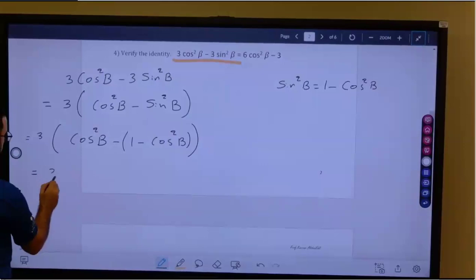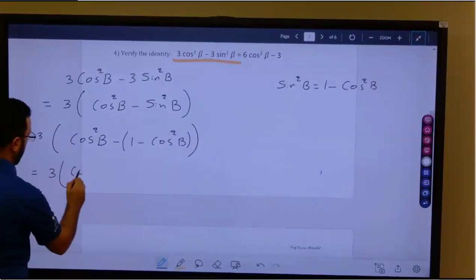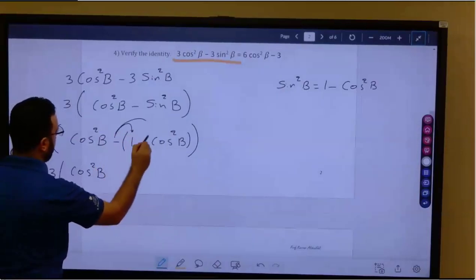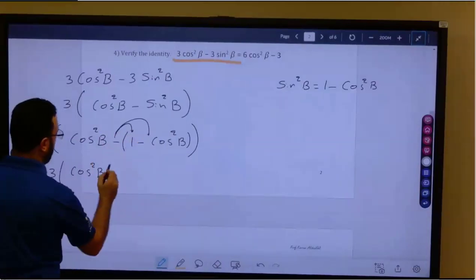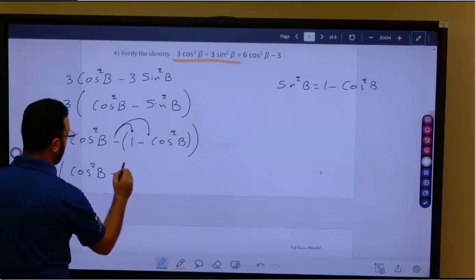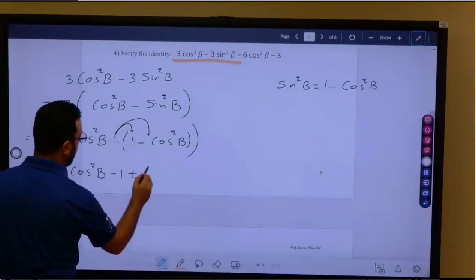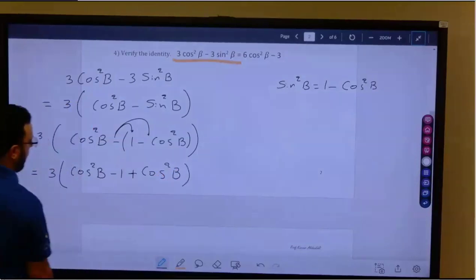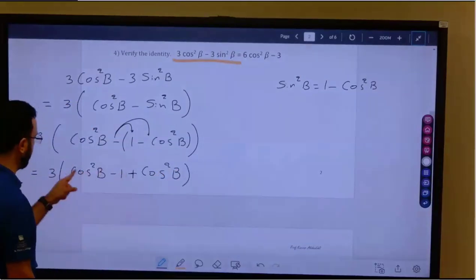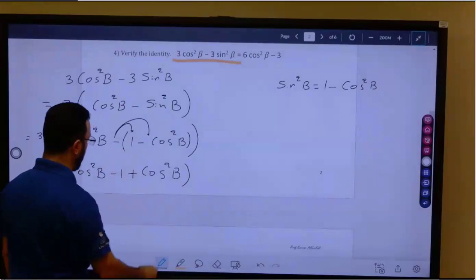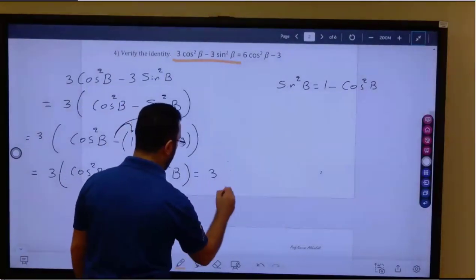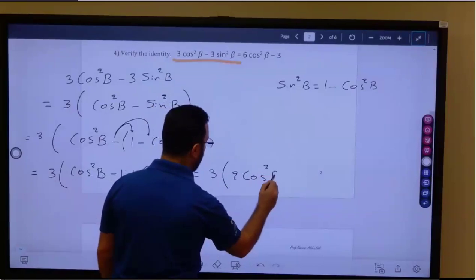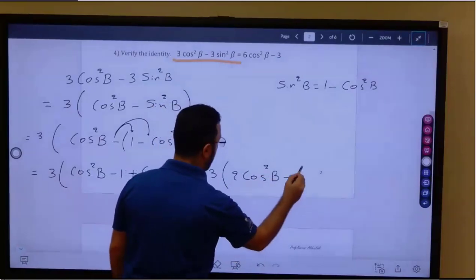Next step, here's the 3, here's cosine square beta. I'm going to distribute the negative sign. So negative times 1 is going to be negative 1, negative times negative cosine square is going to be positive cosine square beta. Then combine like terms, cosine square plus cosine square. Here's the 3, it's going to be 2 cosine square beta minus 1.